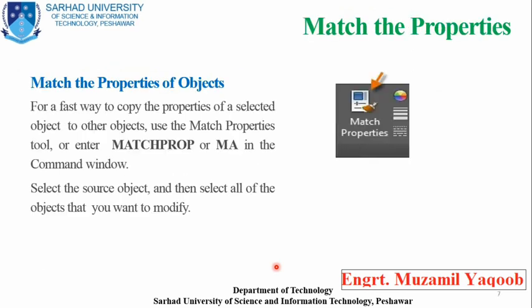Now come towards the next part, which is matching the properties of objects. Here in this picture you can see the icon of match properties, how it looks. For a shortcut you can type MA in the command window, or MATCHPROP, it is a shortcut as well.